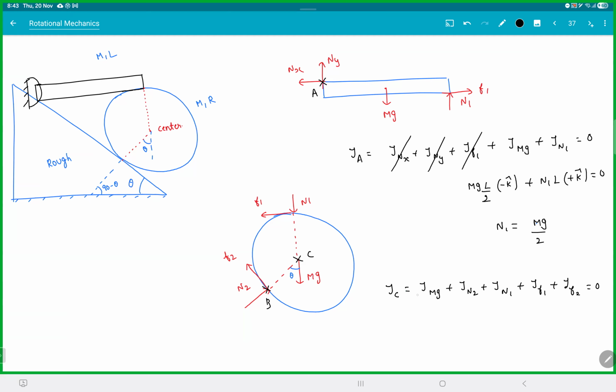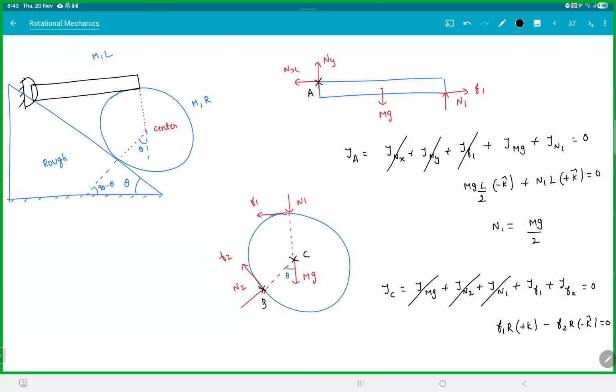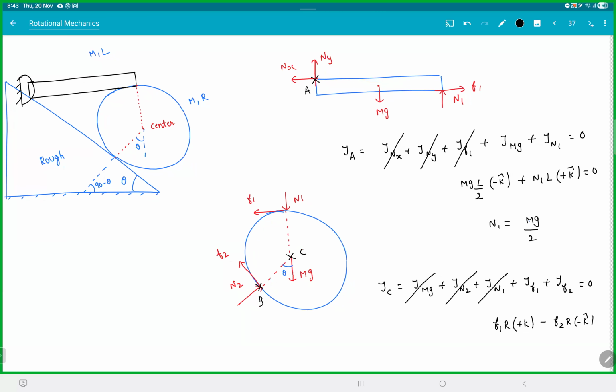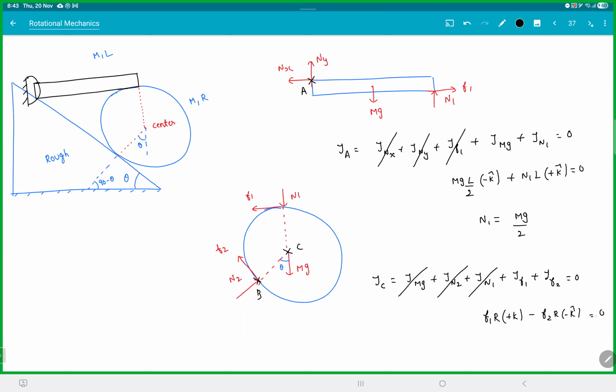Through the center, mg is passing, N2 is passing, N1 is passing. You can clearly see here, you'll get F1 R k cap minus F2 R k cap is 0. So basically you'll get F1 is equal to F2.